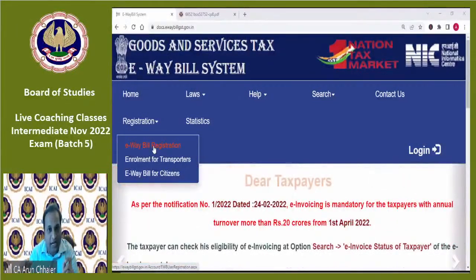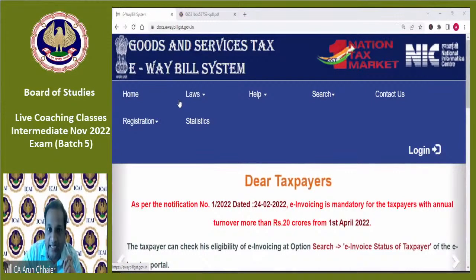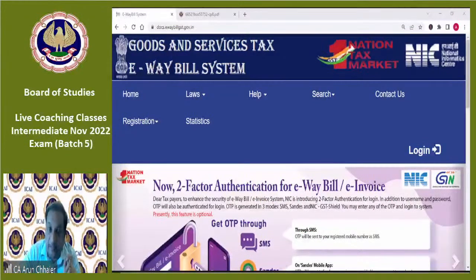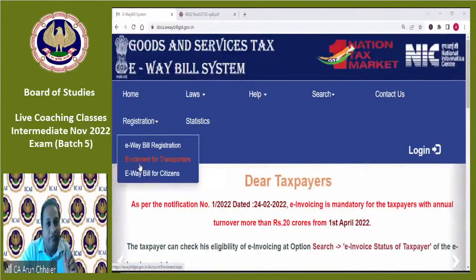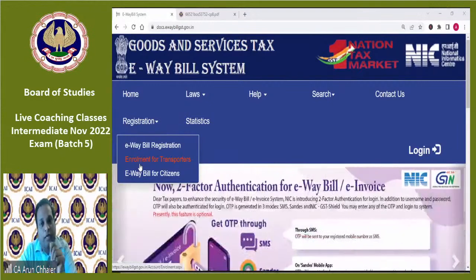The transporter ID will be either the GST number or, if not registered, he will enroll himself on the e-way bill portal and generate the 15-digit number, which is the transporter ID, and it will be given to the client.